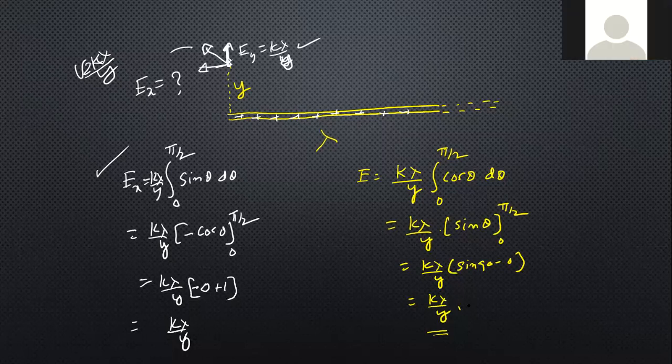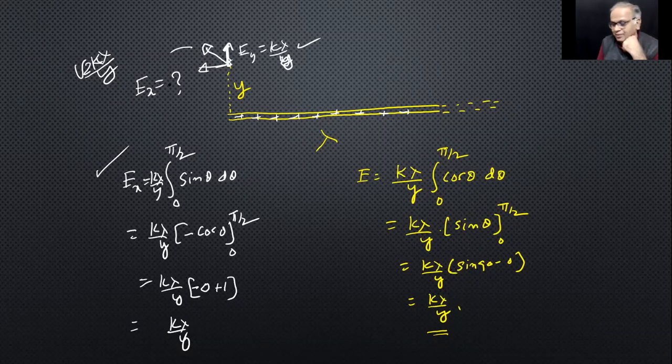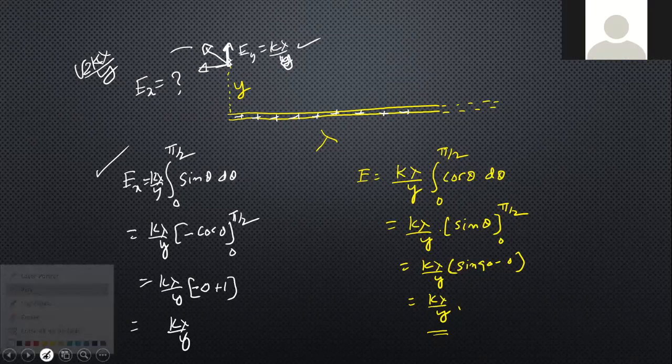So without doing this, I can guess that the other component also should be k lambda by y, if I use that idea. I've given you a clue here. If half more was there, there would be E like that. In other words, for the other half, it should be like that, isn't it? It will repel.